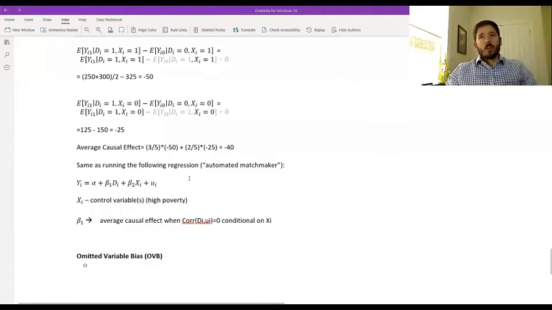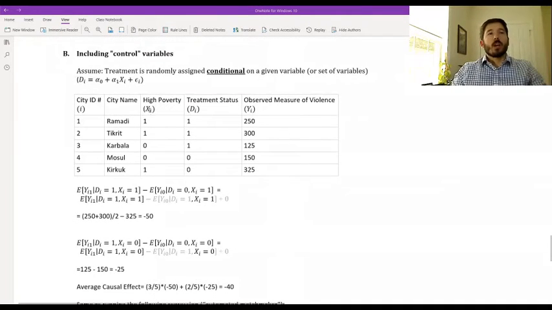All right, so in the last video, we talked about control variables, and how we can include these control variables to deal with some concerns about selection bias, so long as we're willing to assume the treatment is as good as randomly assigned, conditional on those control variables.